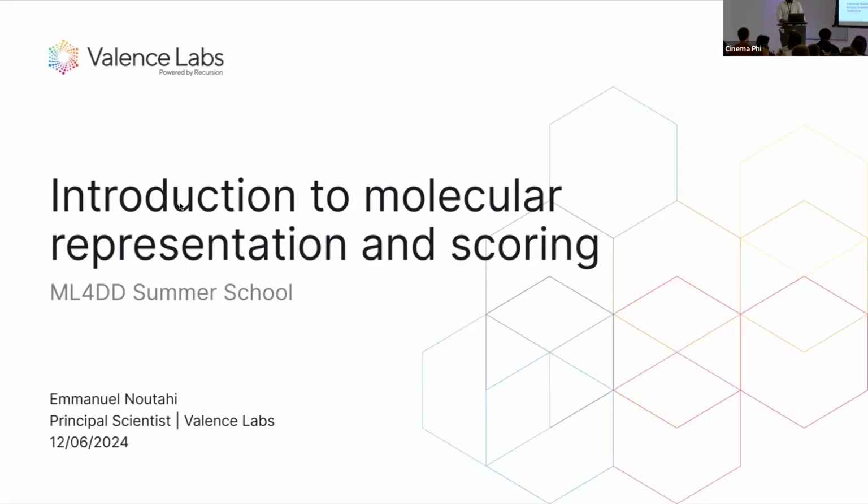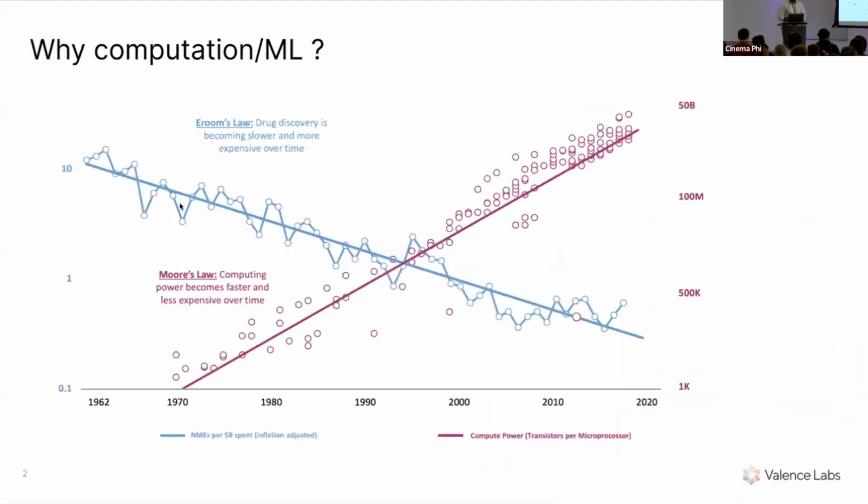So let's start with why we use computation or machine learning in drug discovery. This is a pretty fun graph. I'm pretty sure that some of you already know about Moore's law, where compute is getting faster and cheaper over time.